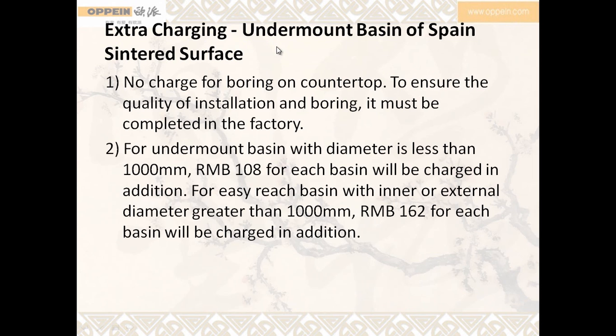Extra charging of undermount basin of span sinter surface. 1. No charge for boring on countertop. To ensure the quality of installation and boring, it must be completed in the factory. 2.